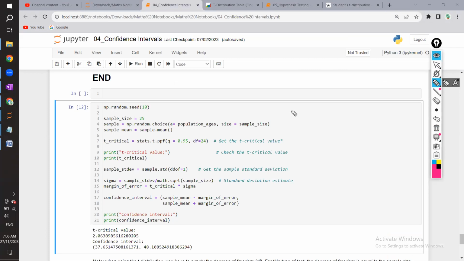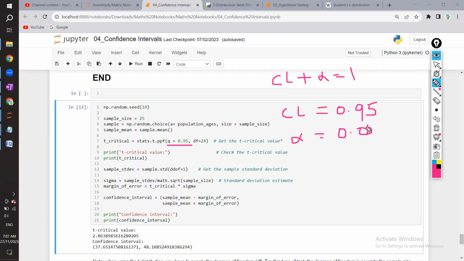If the confidence level is 0.95, what is alpha? What is the relation between confidence level and alpha? Can anyone explain? 0.05. Yes, because confidence level plus alpha equals 1, so alpha is 1 minus the confidence level, so alpha is 0.05.